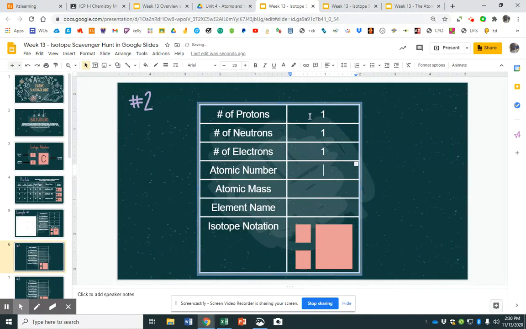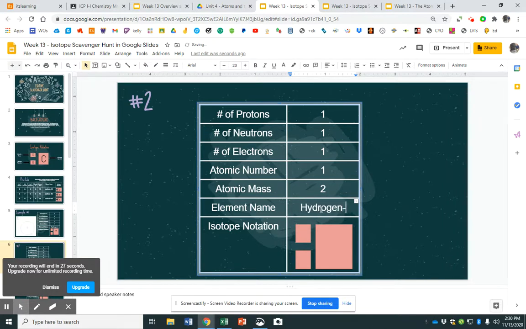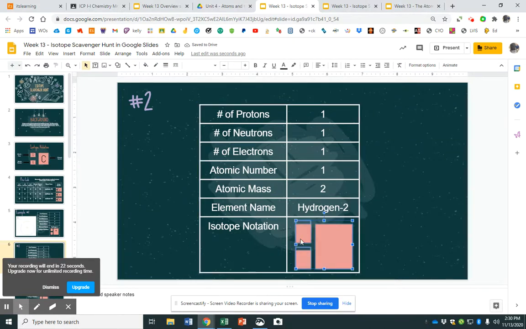The atomic number is the number of protons, that's 1. Atomic mass is protons plus neutrons, that's 2. And this element is hydrogen 2, and you just fill it out. The mass number goes up on top, you put 2 there. Atomic number on the bottom, symbol is capital H, and you're off and running.